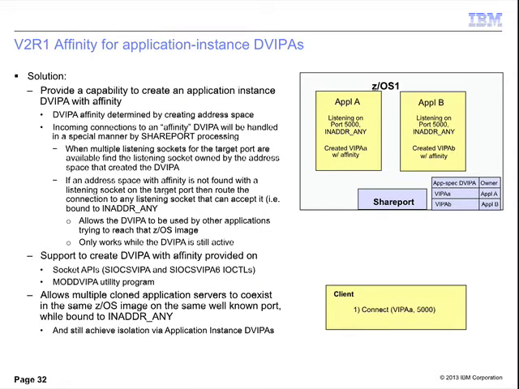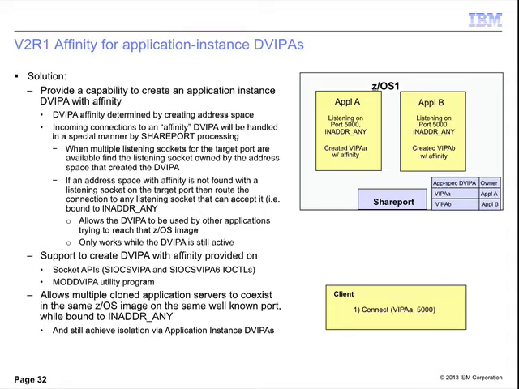V2R1 adds support for affinity for application instance DVIPAs. The idea here is that when application A asks for that dynamic VIPA to be created, it says I want to create it with an affinity to my address space. So I want to create VIPA A, and I want it to be known that this maps into my address space.